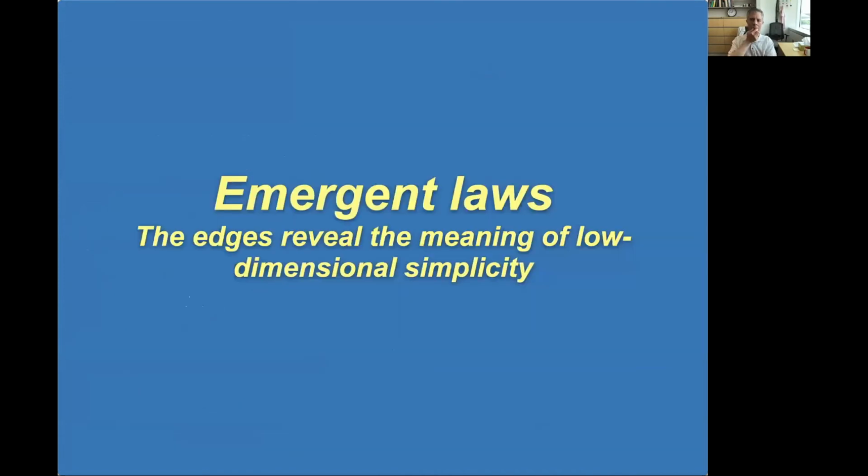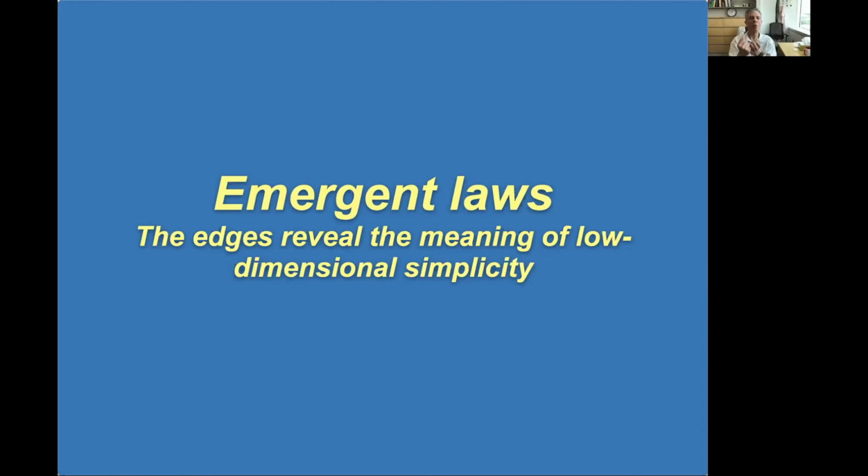Okay, now focusing on the goal of learning not how you get simple behavior out of a complicated model, but can you understand that simple behavior as a set of physical laws?